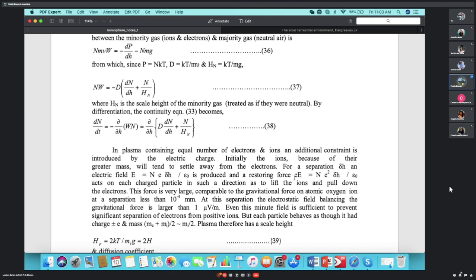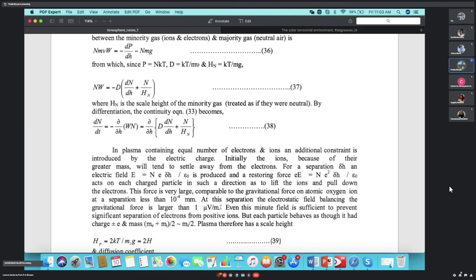So this charge separation is quite large. Electric field will be quite large. Also, it will try to move the ions and electrons closer. So if you consider a charge separation of 10 to the power minus 4 millimeter, that means 1 by 10,000 mm, then your electric field balancing the gravitational force is larger than 1 microvolt per meter.